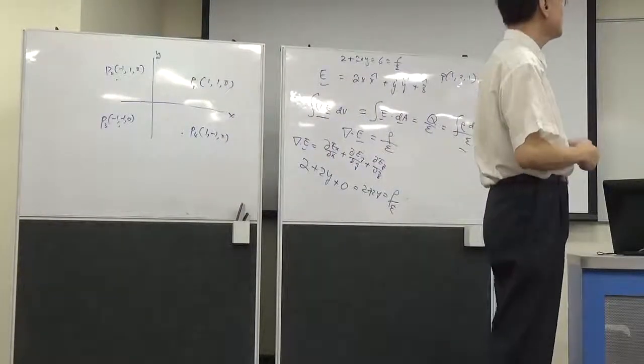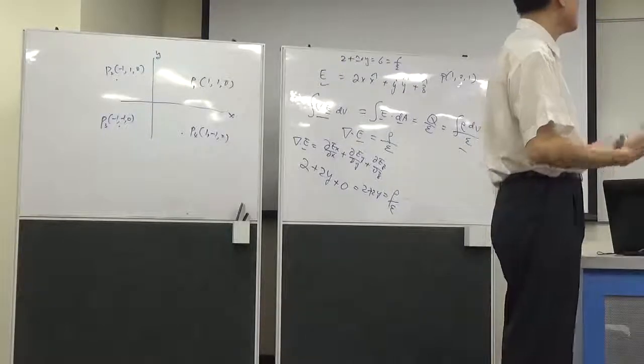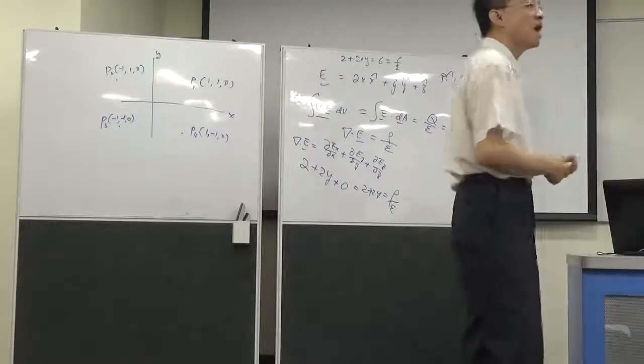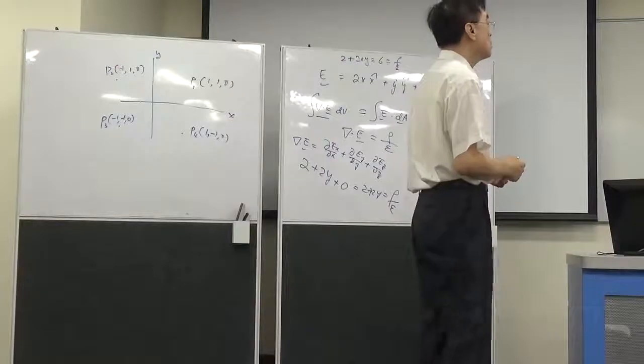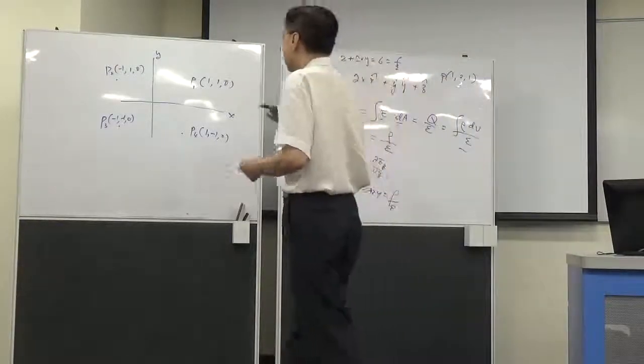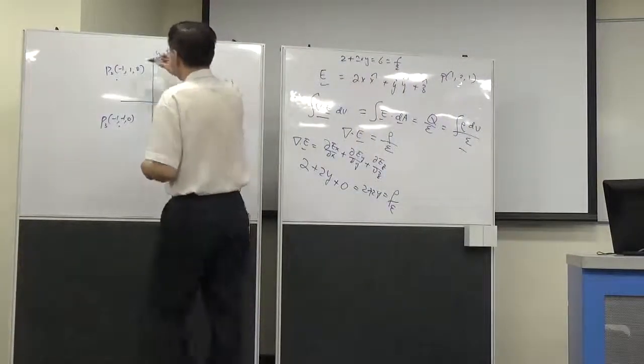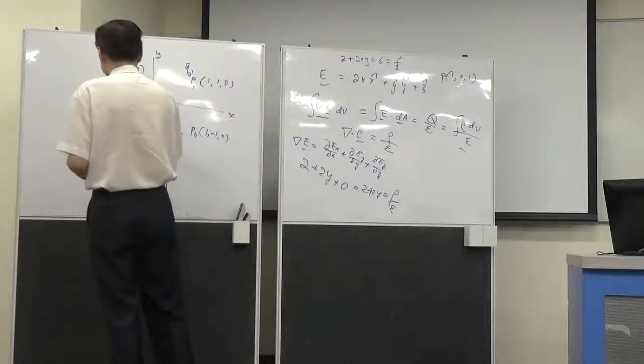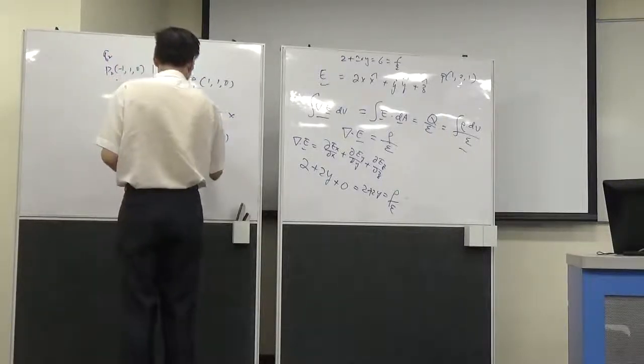The origin O is 0, 0, 0. Find the electric field at the origin O due to Q1, Q2, Q3, Q4.